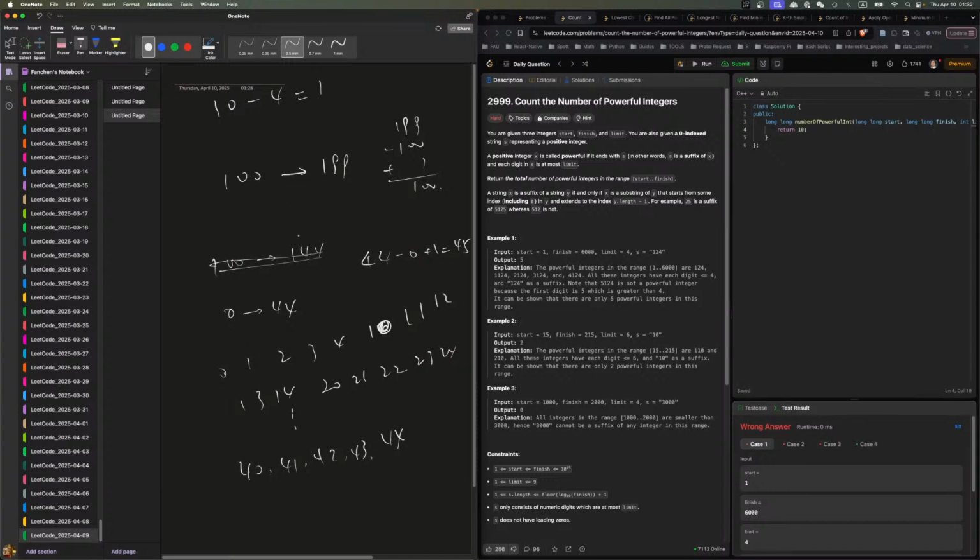Well, let me see. 10 minus 4. So this 0 cannot minus 4. Right, so I need to borrow 1. But when I borrow 1, in decimal I would multiply by 10. But now when I borrow 1, instead of 10, I shall multiply by what?